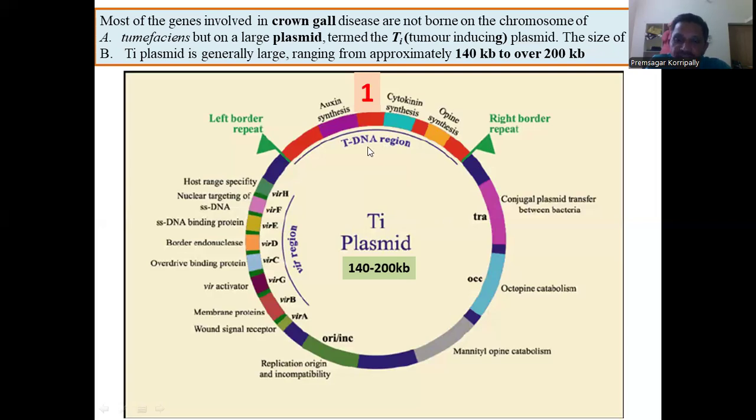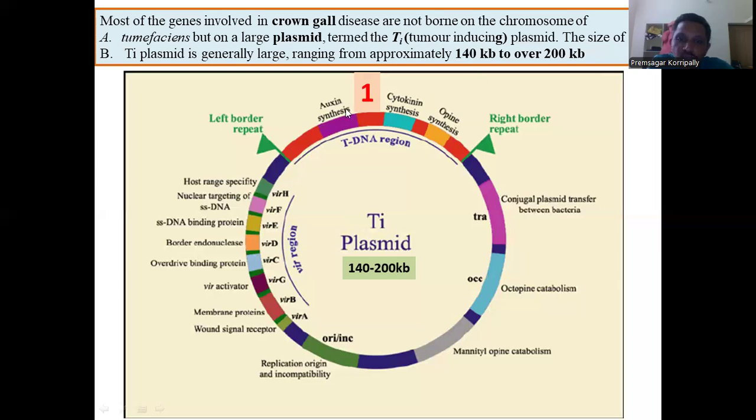This T-DNA region consists of genes responsible for synthesis of phytohormones such as auxins and cytokinins. Auxin and cytokinin secretion will help the cells undergo continuous cell division or differentiation into masses. So this is the T-DNA.